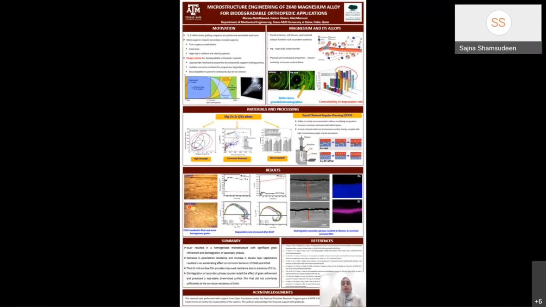So looking at the results, we see here the microstructure for ZK40 where a heat treatment was done to try to dissolve these dark streaks of secondary phases. And the second microstructure is for the ECAP process, where we find that definitely there is a significant refinement of the grains and a more homogeneous structure than what was found with the heat treatment.